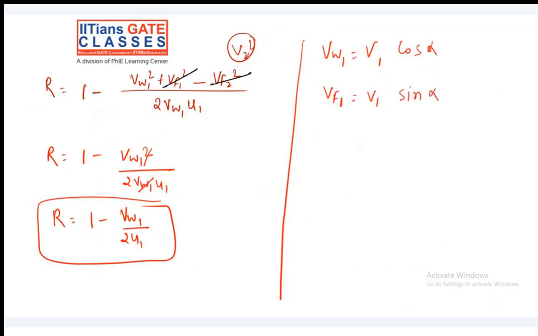So can I write down that vw1 upon vf1 is equal to tan alpha? No, this is cot alpha. Cos alpha upon sin alpha is cot alpha, right? So vw1 is vf1 times cot alpha. Can I write?